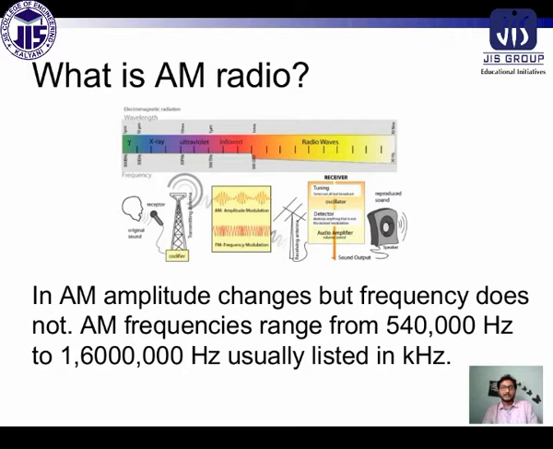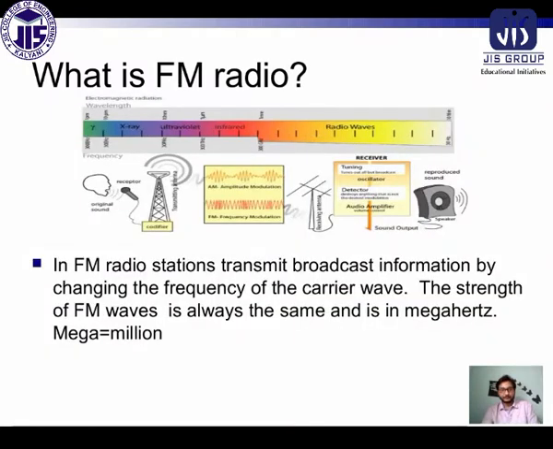In amplitude modulation, the frequency range is 540 kilohertz to 1600 kilohertz, usually listed in kilohertz ranges. Within that range, they use a particular frequency where the amplitude is different.